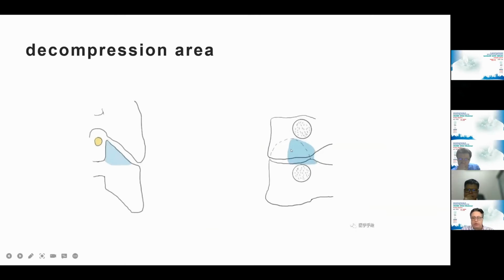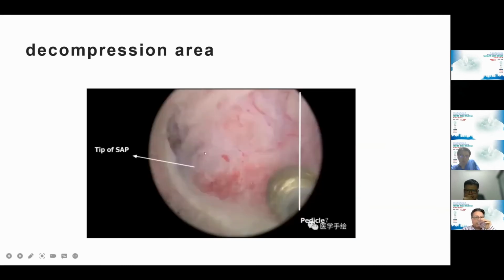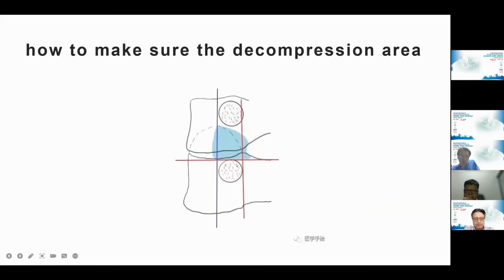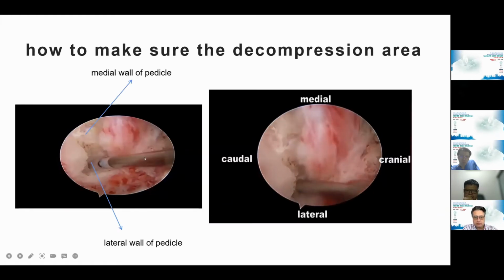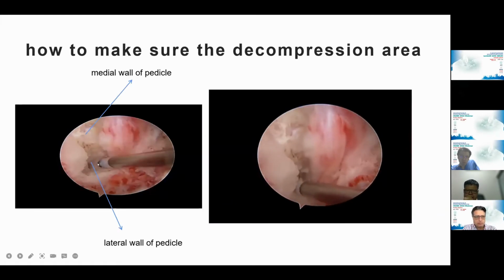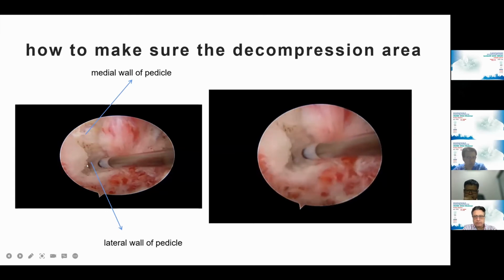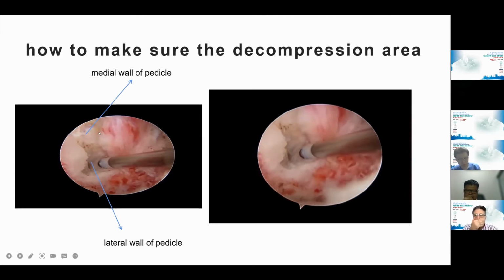The lateral margin is located at the lateral margin of the pedicle, and we can expose the tip of the SAP. The lateral margin of the pedicle is the lateral area of the decompression area, and we can use the radiofrequency to touch the lateral margin of the pedicle and the medial wall of the pedicle.